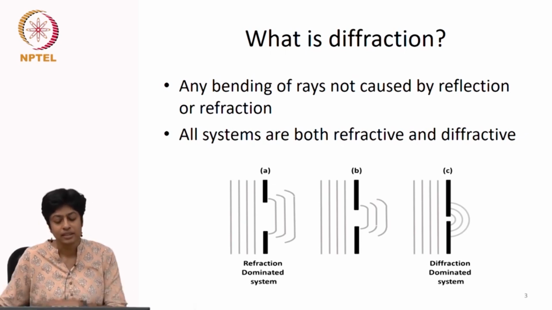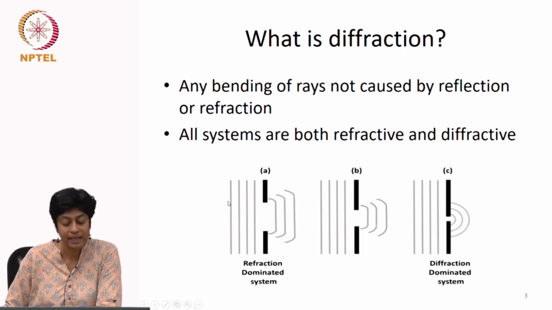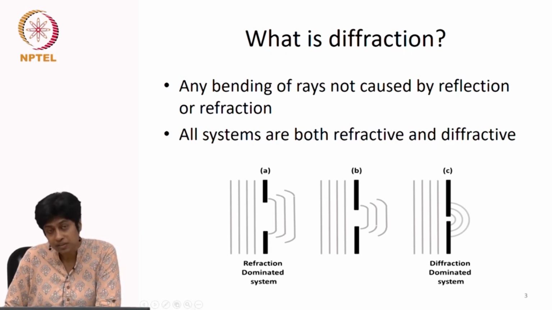So to understand that, let's look at three different cases. In all these pictures, you have a plane wave that is incident on an aperture. The only difference between these three pictures is that the size of the aperture is changing.